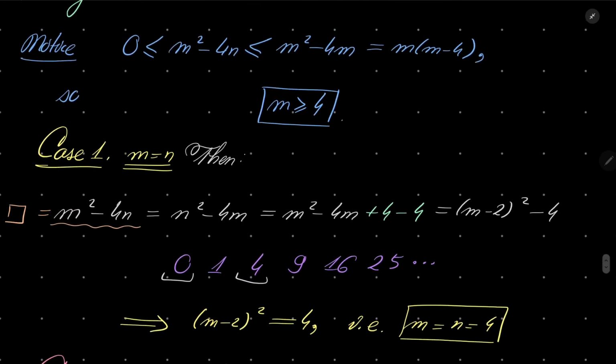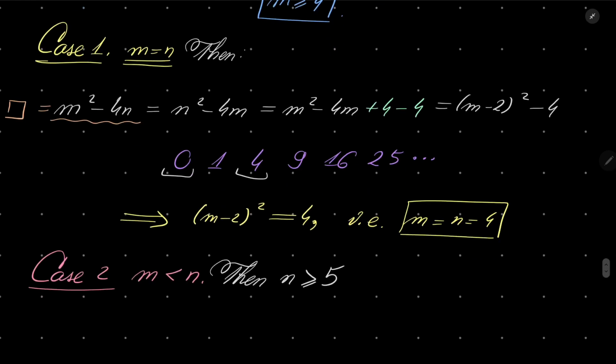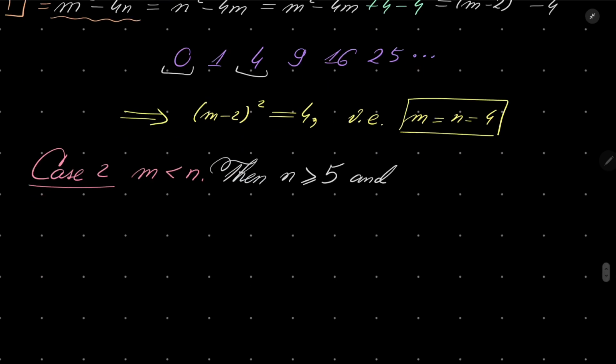Well, because m is greater than or equal to 4 and n is greater than m, so it's 5 or more. And moreover, it's the crucial step. Notice that we have the following two estimations. n squared minus 4m is definitely less than n squared, because here we're subtracting some number.